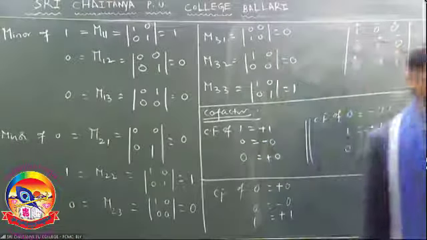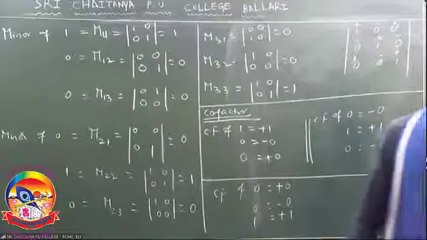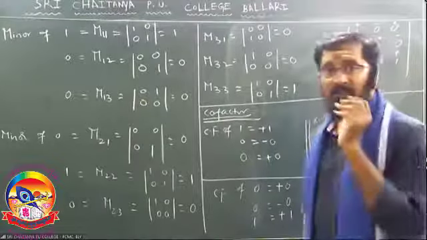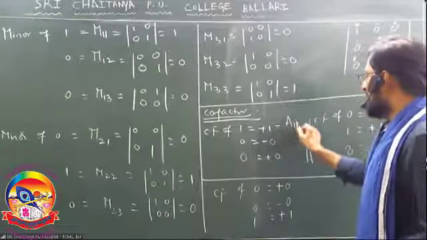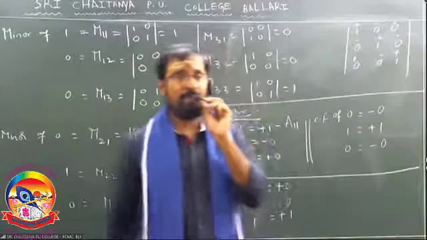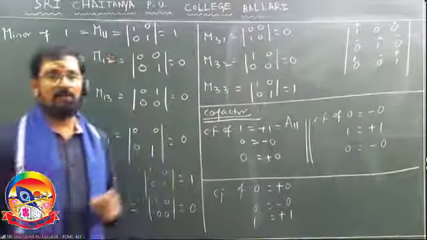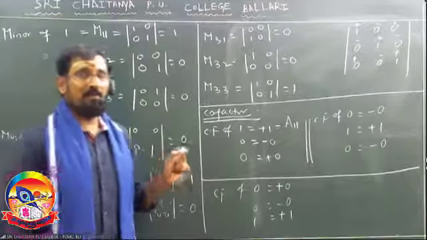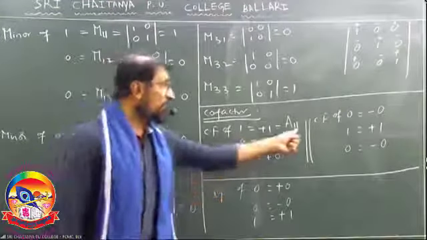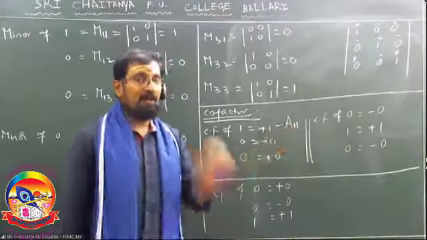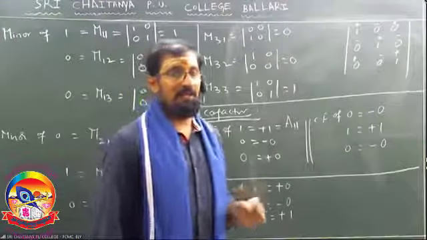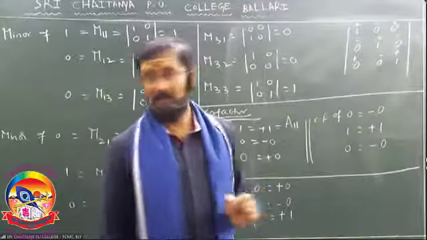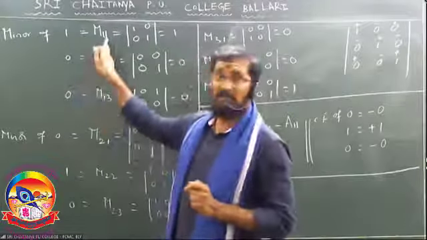And listen, I'm sorry. Listen, the cofactor of the first element is represented as A11. Capital A11 is nothing but the cofactor of the element which is in the first row, first column, where the minor of that element is represented by capital letter M11. That means like this. Hope you understood this, right?